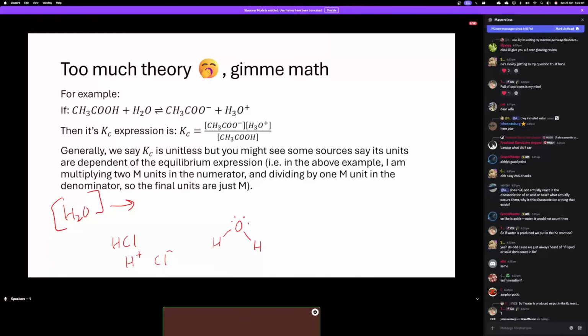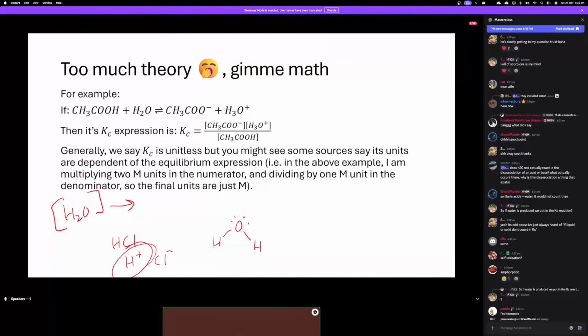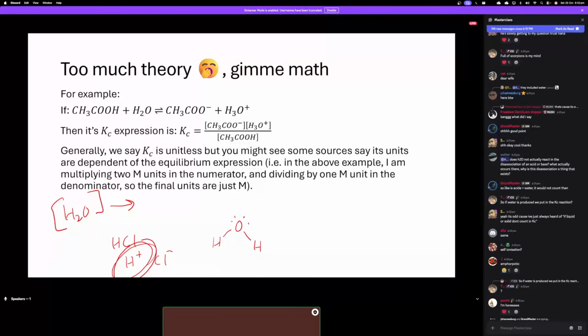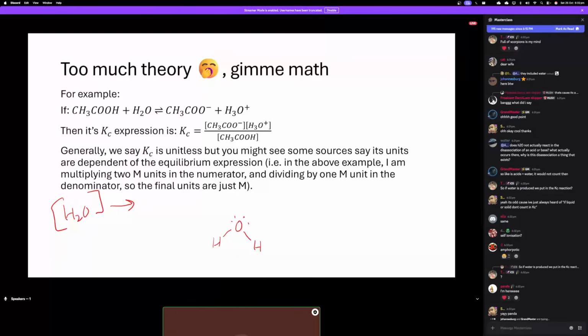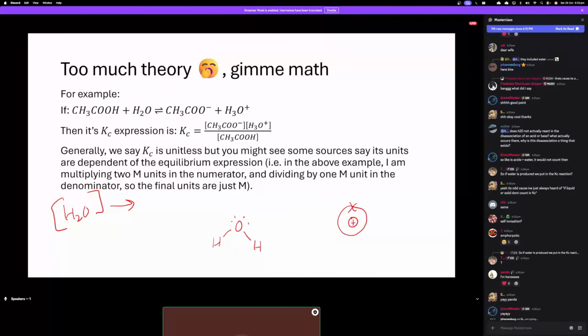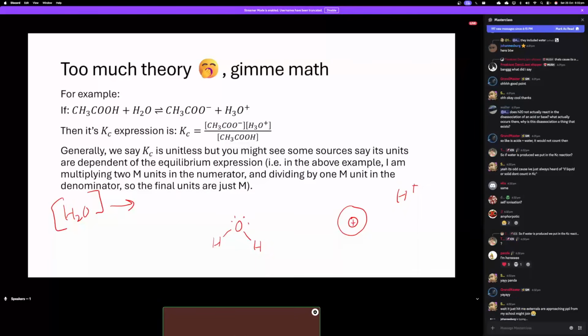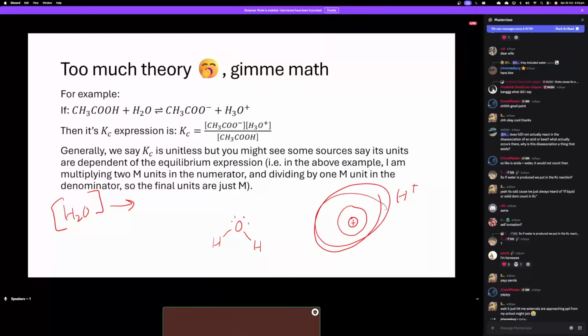Let's actually think about what this H plus is. A regular hydrogen atom is just a proton in the center with an electron surrounding it, right? That is our basic hydrogen atom. What about the hydrogen ion? Well, it's the same thing, but we don't have an electron, right? And so in this case, the hydrogen ion wants to get a full shell, right?